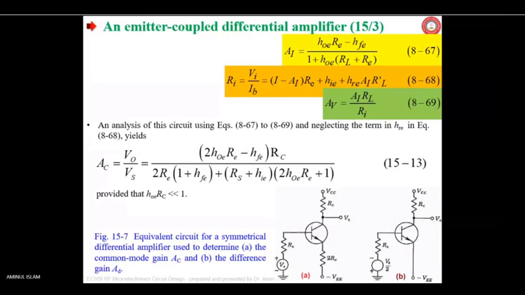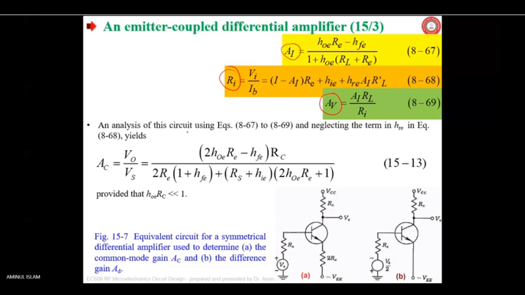Previously we have discussed in earlier modules a few equations like current gain, input resistance and voltage gain, and these equations have been derived also.